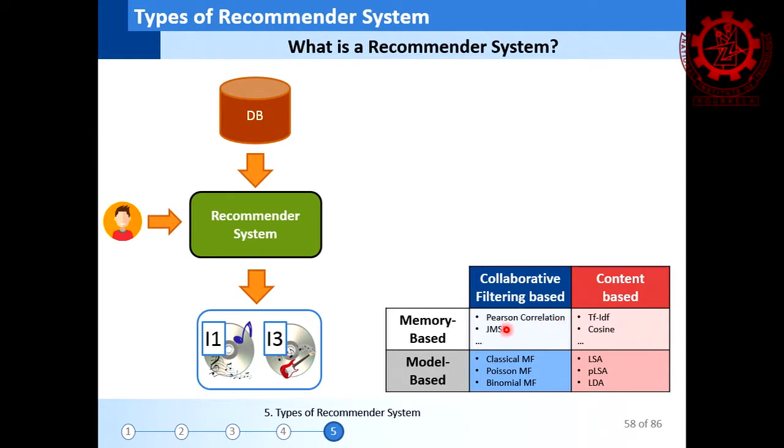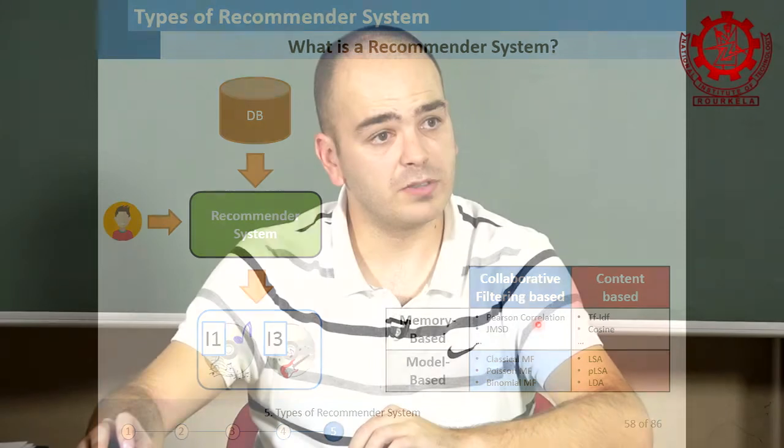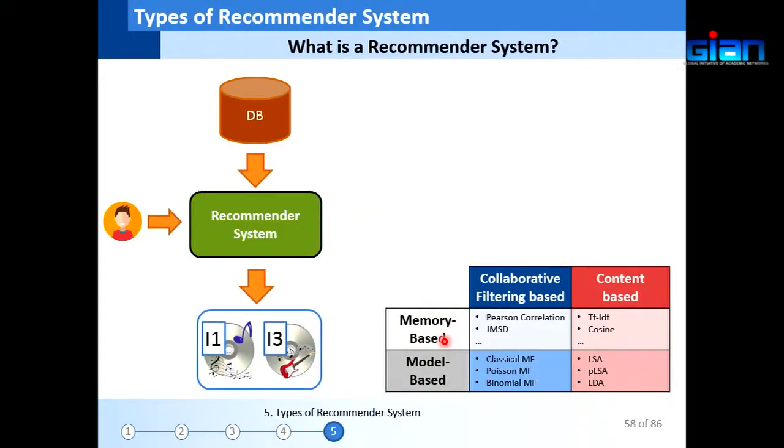For example, here we speak about the Pearson correlation similarity function, which is here in collaborative filtering based recommender systems, and which is also memory-based. When we talk about recommender systems based on content and based on memory, we have, for example, the TF-IDF technique, as you have heard of it.